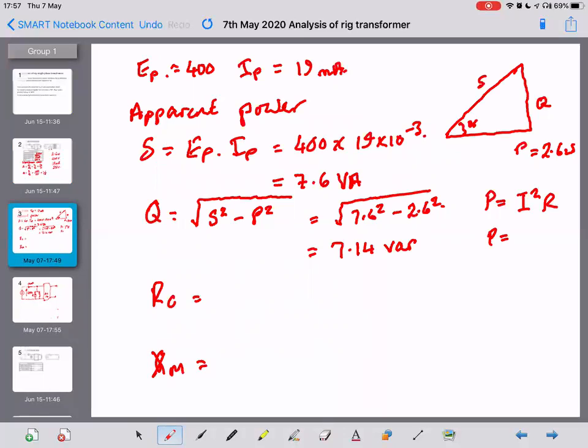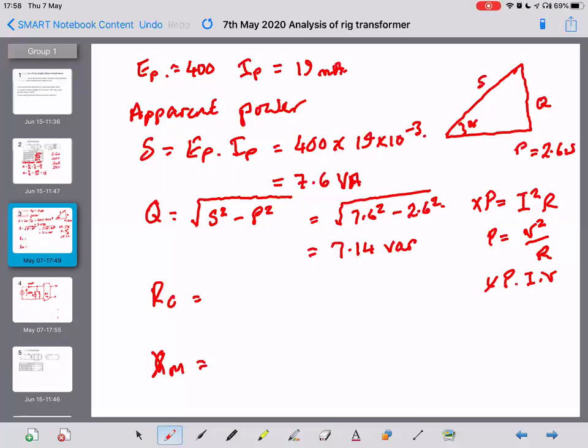Second one, V squared over R. And the last one is P as I times V. But this one and this one are no good because we don't know the current.